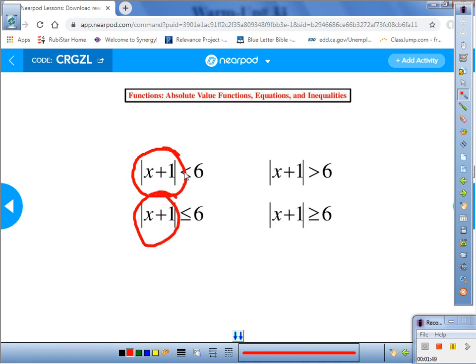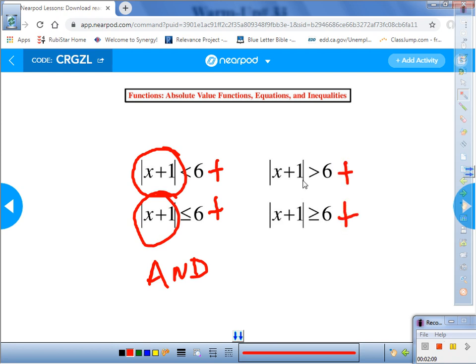If the inequality symbol is less than or equal to, and by the way, these are positive numbers, that means this is an AND. Yes? Which means that if this is greater than or equal to positive numbers, that means this is a what? OR.